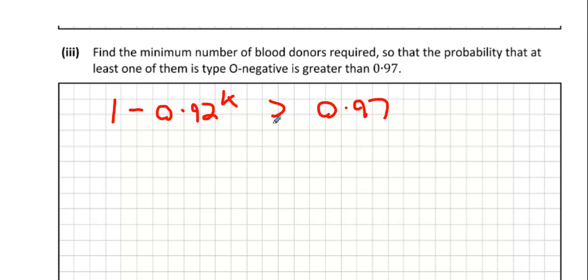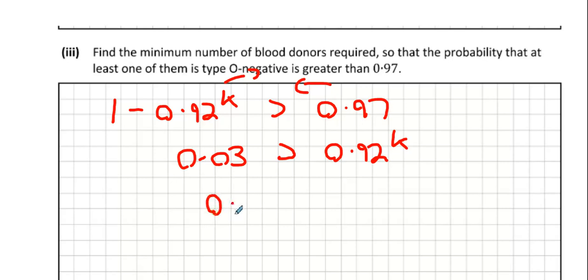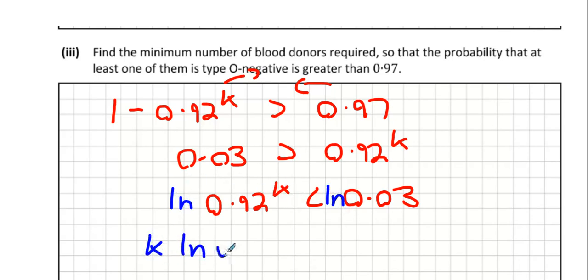Okay? So what we're going to do is bring this to the right and this to the left. So we're going to get 0.03 greater than 0.92 to the k. We're going to reverse it around: 0.92 to the k less than 0.03. We're going to log both sides and bring the k over. So it's going to be k ln 0.92 less than ln 0.03.